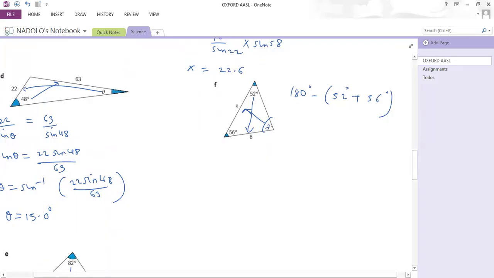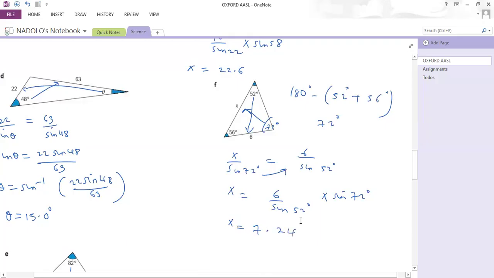So 72 degrees is the angle facing X. So we comfortably do X divided by sine 72 is equal to 6 divided by sine 52 degrees. For you to obtain X, you cross that: 6 over sine 52 degrees multiplied by sine 72 degrees. Make sure your calculator is in degree mode because you're working with degrees. Use your GDC to get X as 7.24 to 3 significant figures.